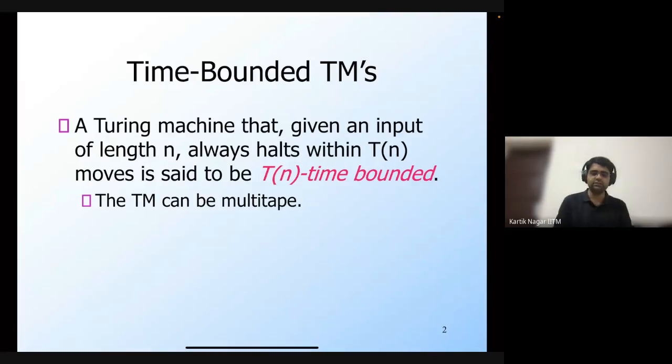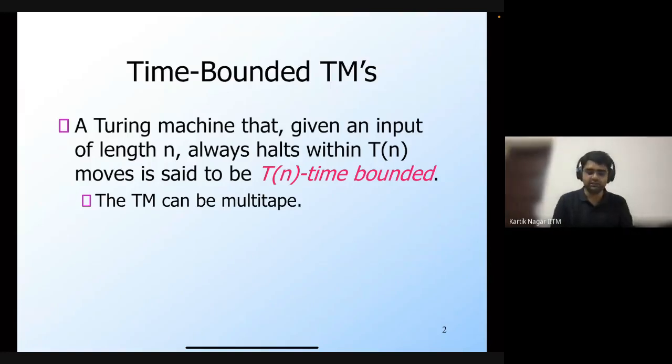Note that we allow this Turing machine to be multi-tape. Even if a Turing machine has any number of tapes, as long as it is some fixed finite number, the moves of such a Turing machine can be simulated by a single tape Turing machine. And the number of steps that a single tape Turing machine would take would still be a polynomial of the number of moves that the multiple tape Turing machine takes.